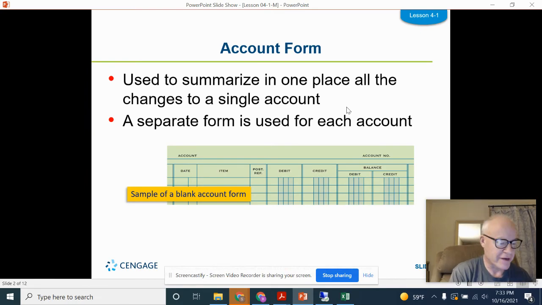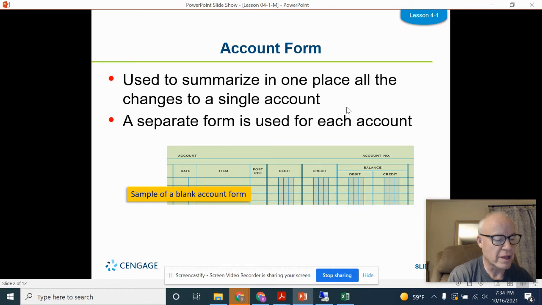So first of all, we have this accounting form, and I always have a little disclaimer here, and that is we're talking about a very manual, traditional accounting system here.